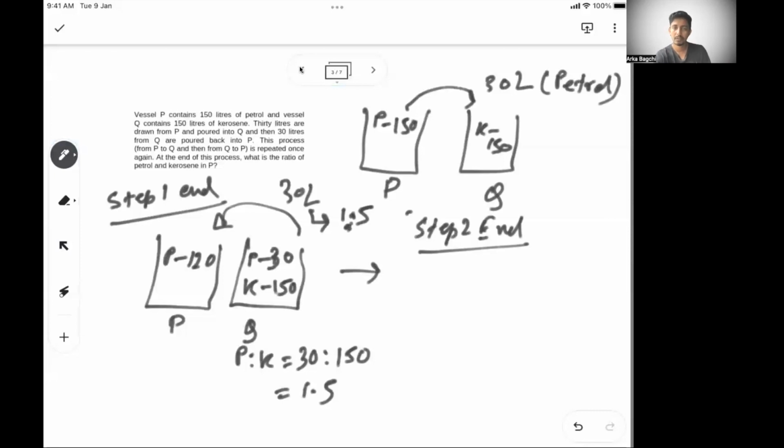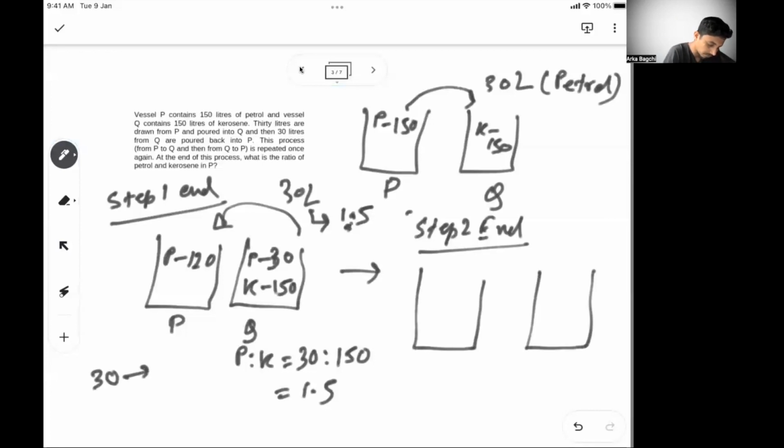So 30 liter will also have one portion of petrol and 5 portions of kerosene. So 30 should be divided into 5 liter and 25 liter. So 5 liter of petrol, 25 liter of kerosene.